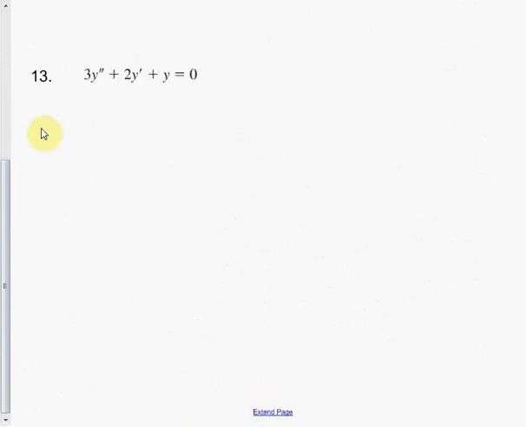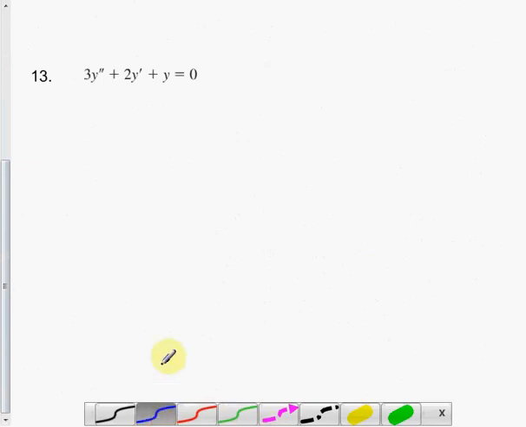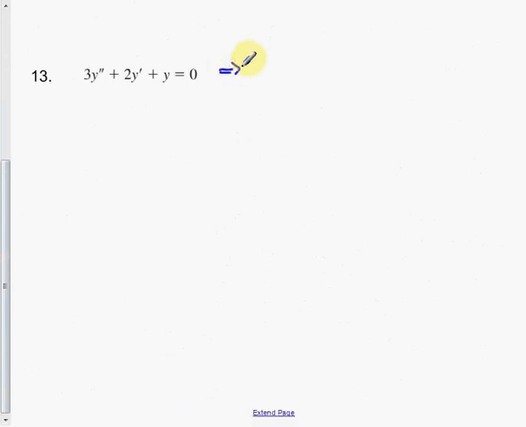Alrighty. So the auxiliary equation is 3m squared plus 2m plus 1 equals 0. Try to factor that. You won't be able to get combinations of 3 and 1 positive to give you a positive 2. So we use the quadratic formula.